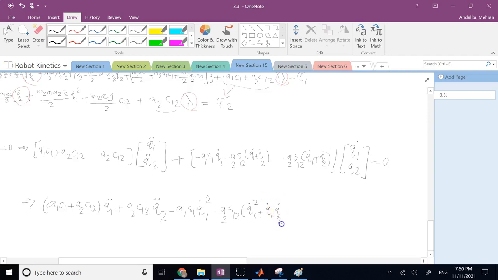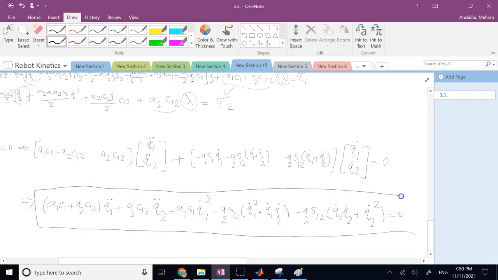Now you see the centripetal and Coriolis terms show themselves. Then minus a2 s12 q1 dot q2 dot, then plus q2 dot squared is equal to 0. And this whole thing here is going to be your equation number 3.